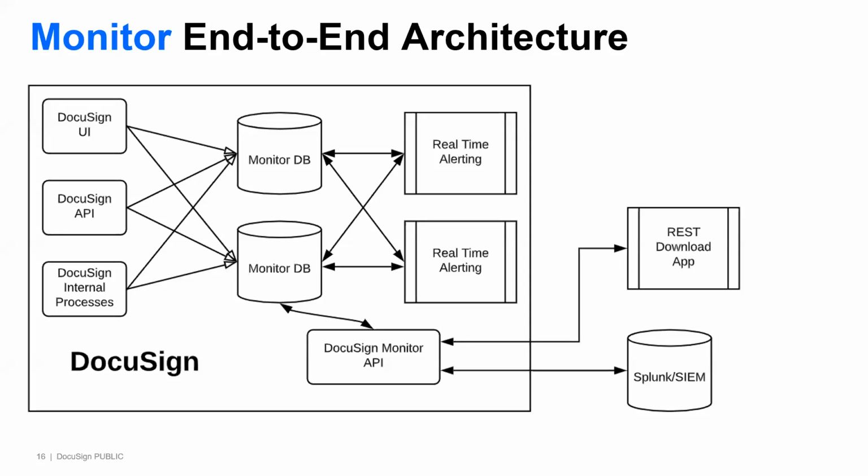So in that API, you will be given various information about the things that Abhi just showed you in terms of what's going on with your organization, what is going on with your accounts, collated in a way that you can download that information via REST, or as Brian is going to show you in a short moment, how you can integrate with Splunk or another application of your choice to display that information in a way that's relevant to your organization.